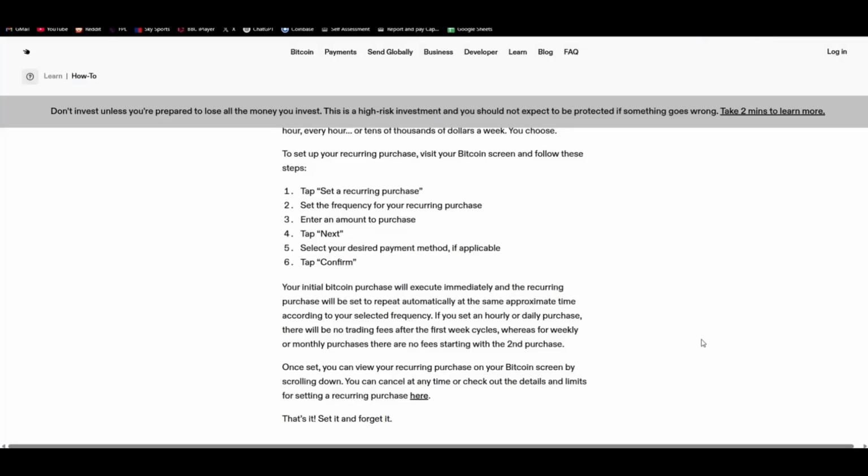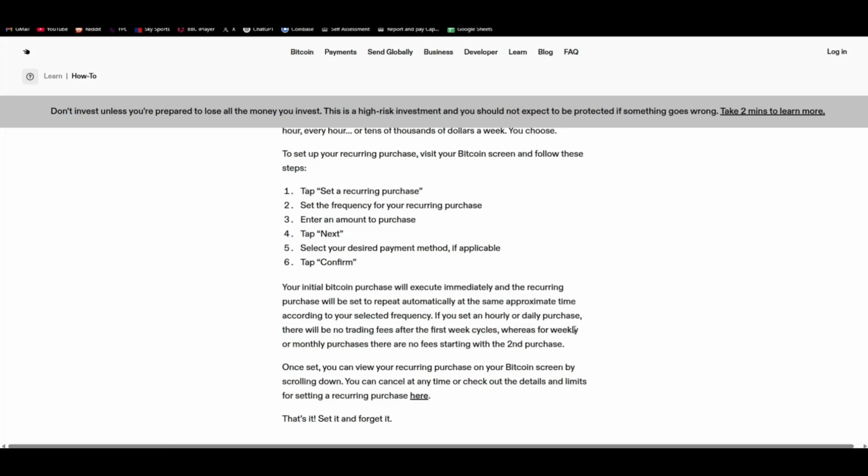Getting started with dollar cost averaging and Bitcoin is so easy these days, especially since there are so many platforms that allow you to automate the process at the tap of a button. I really recommend using Strike by Jack Mallers, and this is the website. I'm on the how-to page at the moment, as I just really want to highlight the fact that Strike do not take any trading fees after the first purchase, or if you set an hourly or daily purchase, there will be no trading fees after the first week of cycles.